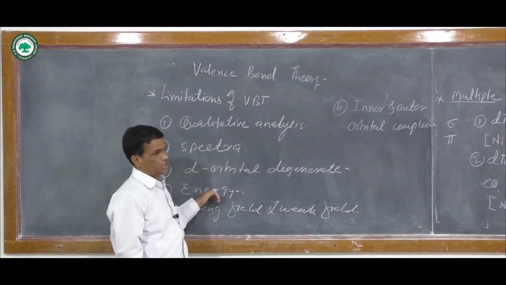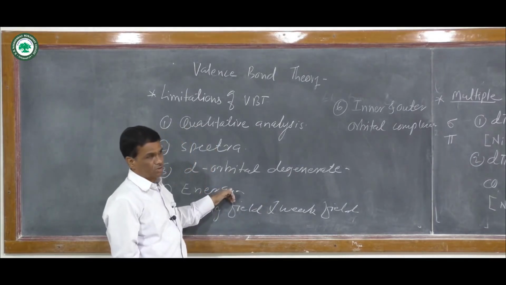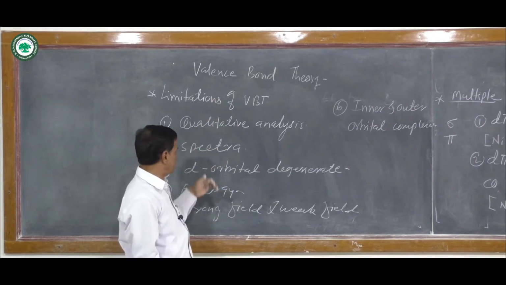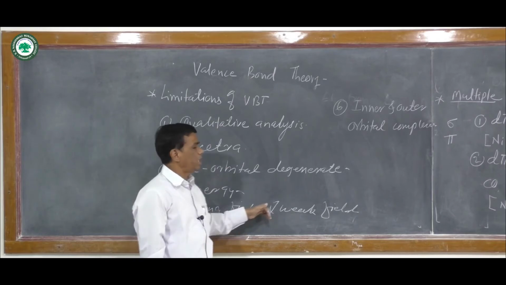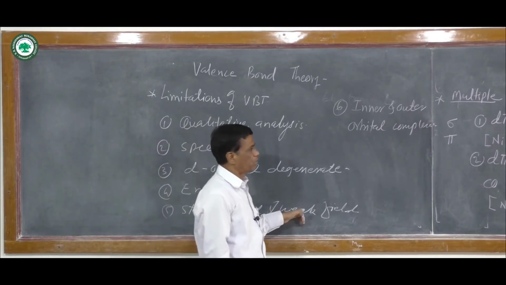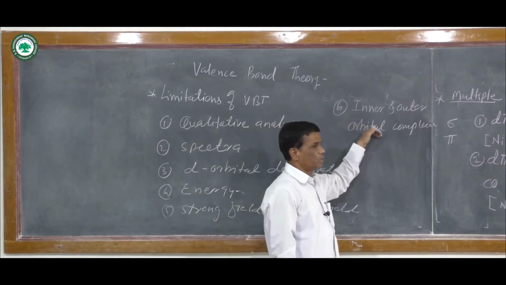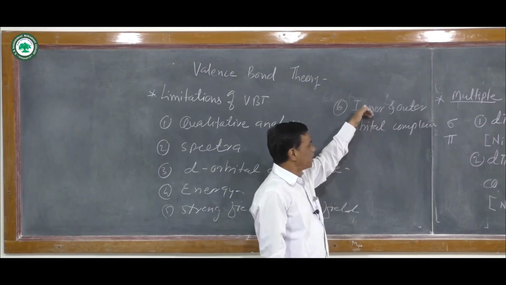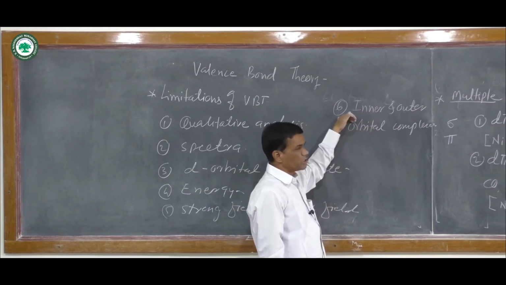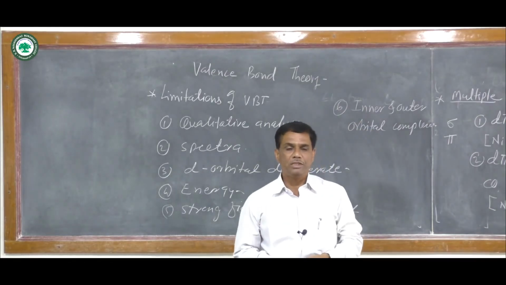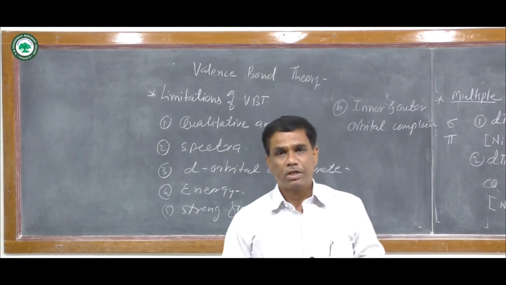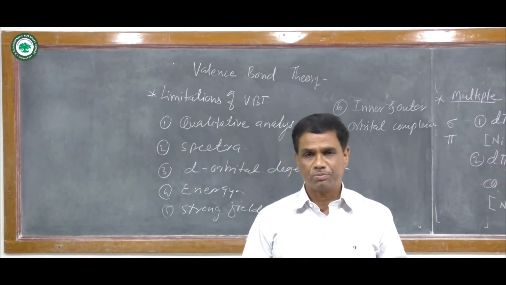That means energies of those complex compounds are not explained properly by valence bond theory. It also does not explain strong field and weak field in various types of coordination compounds. And last one, inner orbital and outer orbital complexes are not explained properly by valence bond theory, and these are the limitations, meaning disadvantages, of valence bond theory.